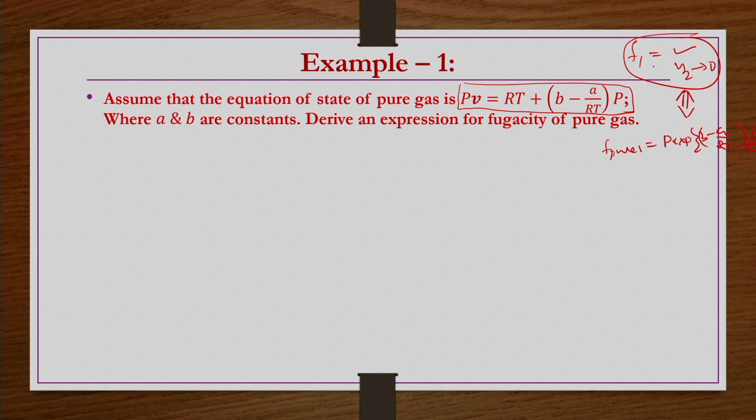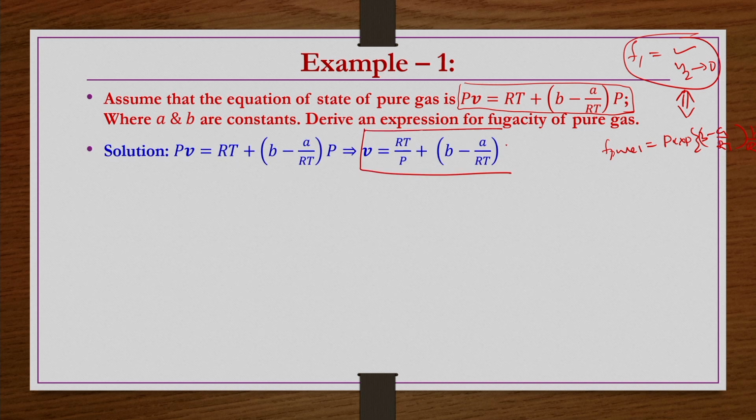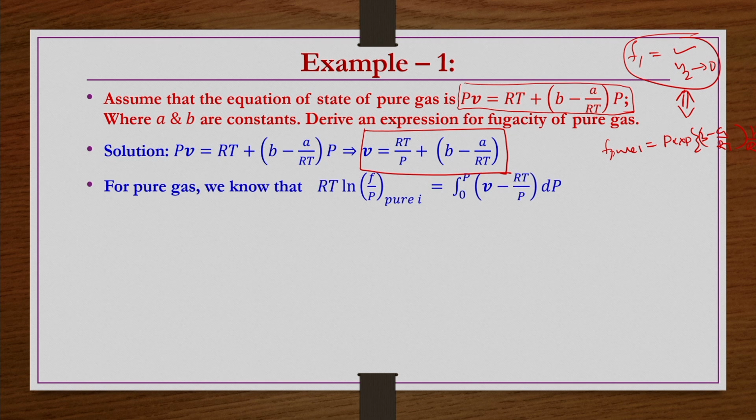But let us say you do not have this f1 relation, then how do you get f pure 1? That is what we are taking as a starting example problem, for simplicity as well as cross checking. This equation of state we have to write in volume explicit form. So when you write it, we have V equals RT by P plus B minus A by RT. For a pure component we have already derived the relation RT ln f by P for pure i is nothing but the integral from 0 to P of (V minus RT by P) dP. So here in place of V you substitute RT by P plus B minus A by RT.